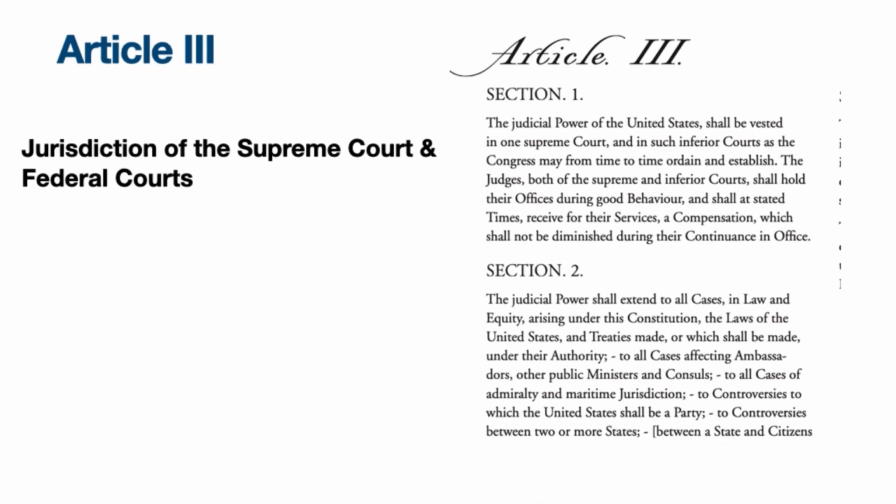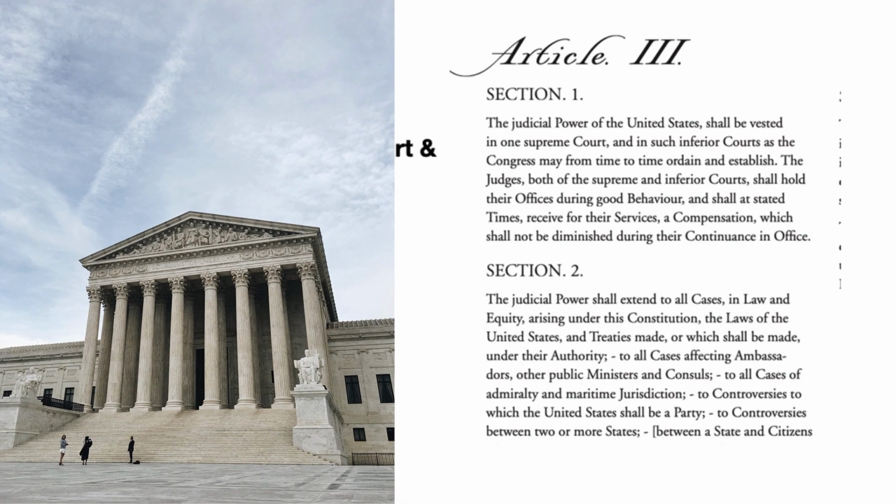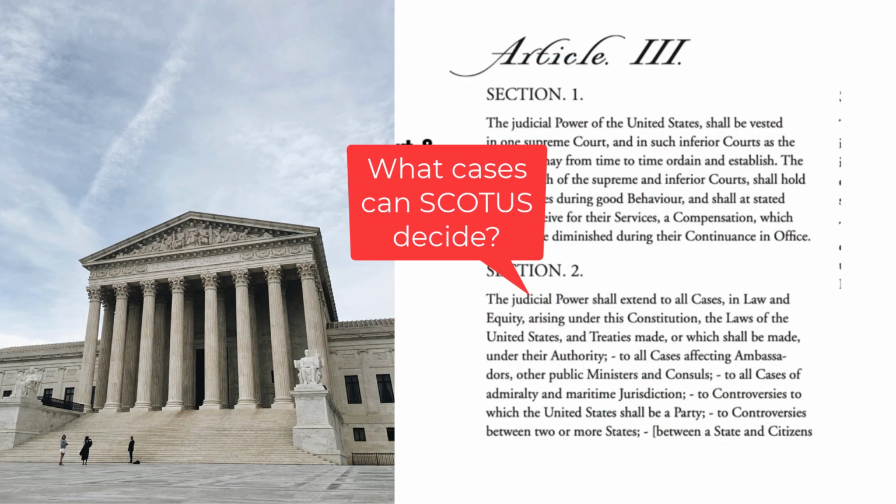So here's portions of Article 3, Sections 1 and 2 of the United States Constitution. And Article 3, among other things, creates the Supreme Court of the United States, and it also sets out the boundaries of federal court's jurisdiction. That is, what types of cases can the Supreme Court hear?